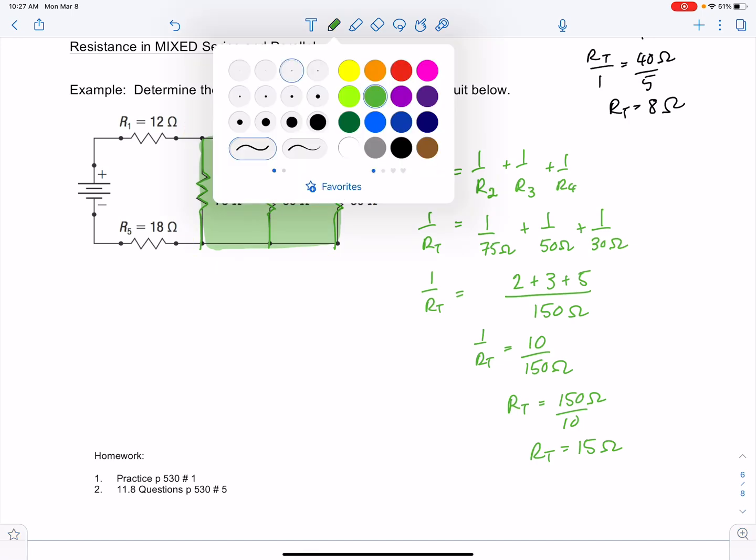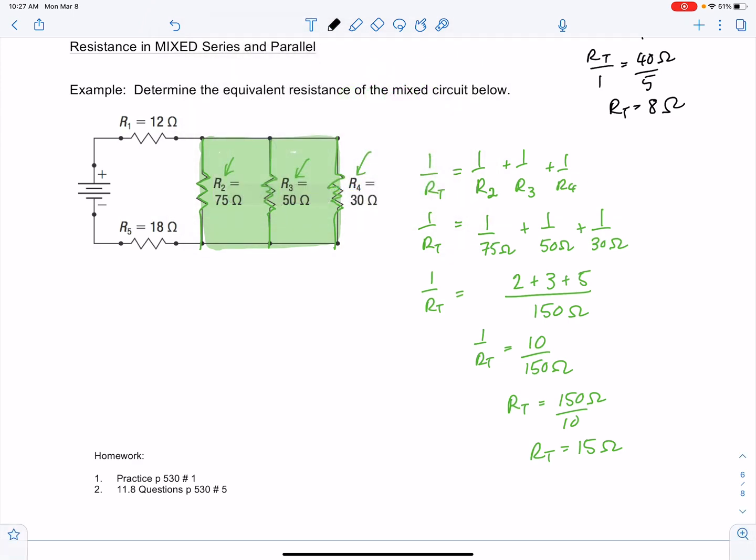So we're going to redraw our diagram. I'm using the magic of technology to be able to trace this and then move it over.